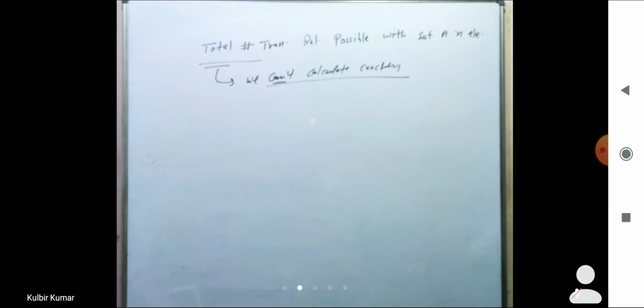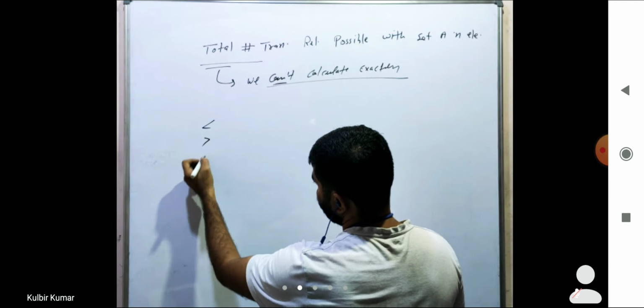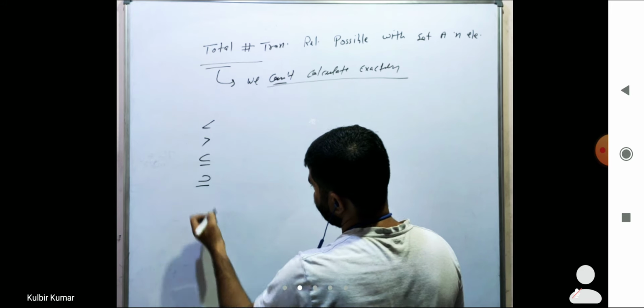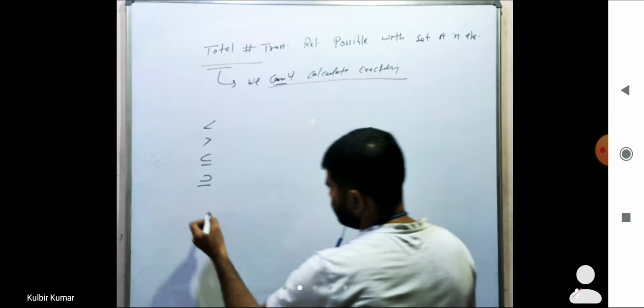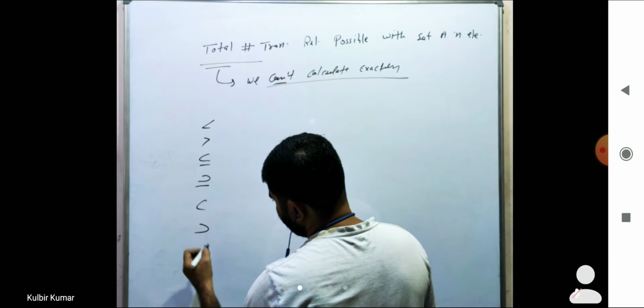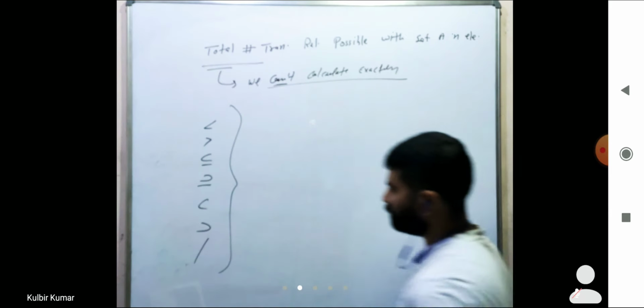Next, properties: less than, greater than, subset, superset, proper subset, proper superset, and division, right?